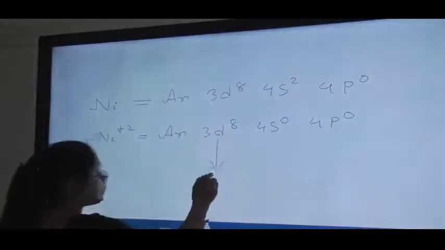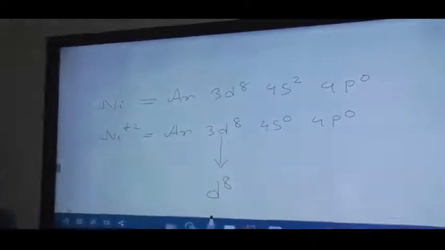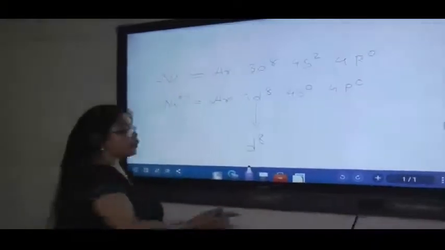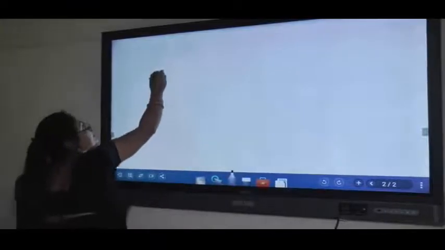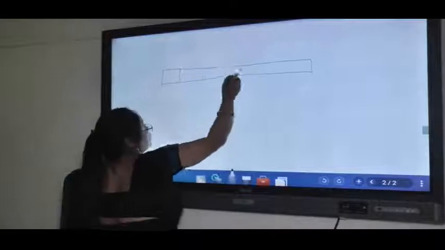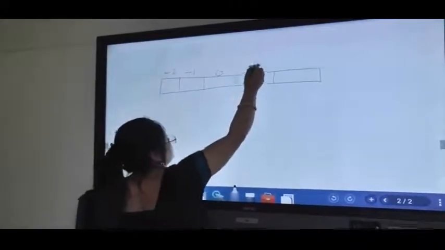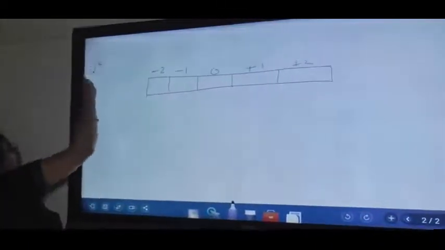So, the electronic configuration is d8. This d8 configuration can give different types of microstates, because ultimately there will be 5 d orbitals where you can arrange these 8 d electrons.